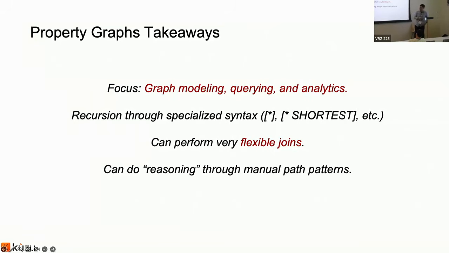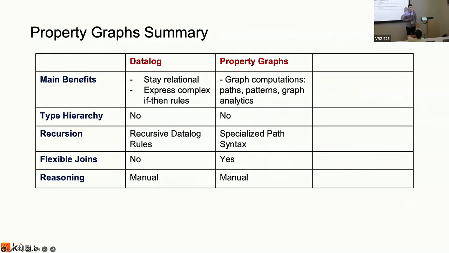And the reasoning that you do is through these manual path patterns that you find. For example, is a particular company a parent of another company? If those are the types of indirect reasoning you have to do, you do it with these manual path constructs. So that constructs the second column of my table.